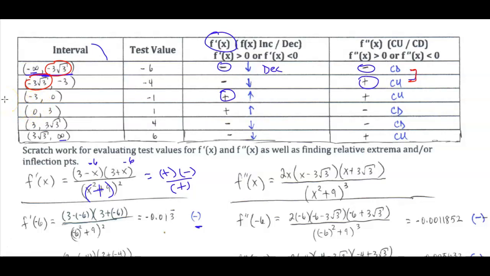Again, we know that our original function is defined at any x value because its domain is all real numbers. We see that concavity switches again here, around x equals 0. So that's going to be another location of an inflection point. And it switches again one more time here, so positive 3 root 3 will be another inflection point.